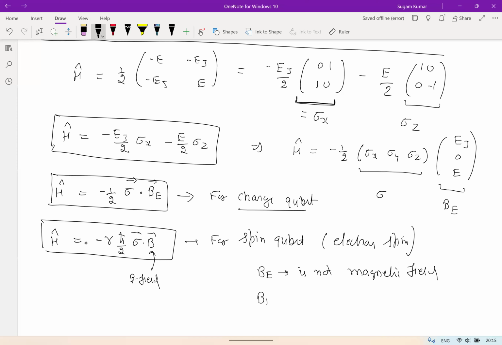So this BE is actually equal to gamma H cut into B. And we call this the fake or fictitious field. It is playing the role of a magnetic field, but is not a magnetic field.